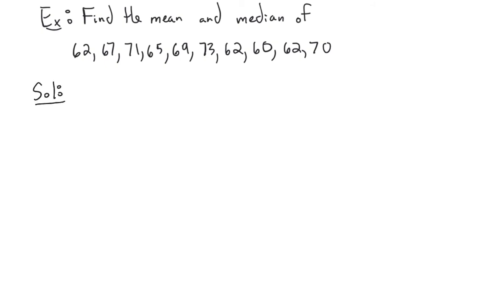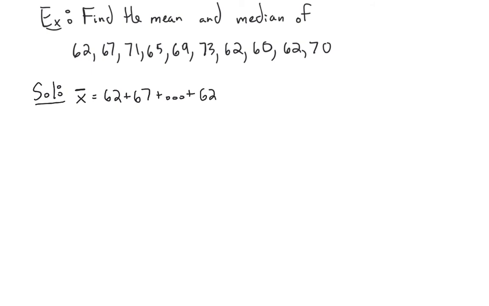So remember, the mean is going to be a sample mean. Well, we just want to add up all of the numbers in our data set and divide by the number of data points we have. So we're going to add up 62 plus 67 plus 71 plus 65 plus 69, etc. I'll just put some dots there, but hopefully it is clear what's going on.